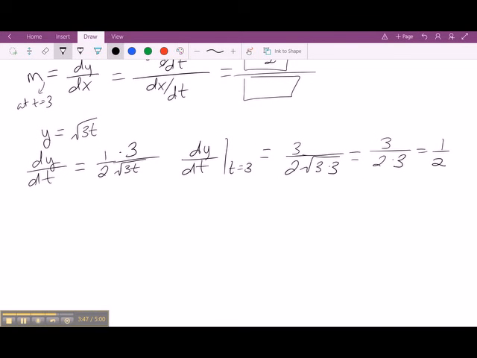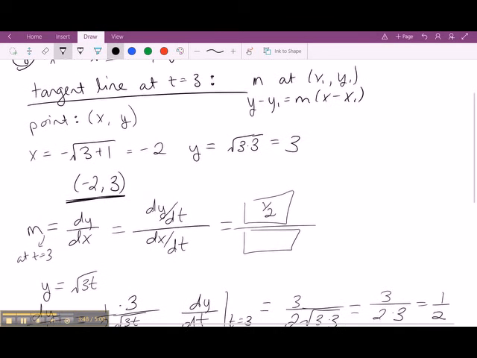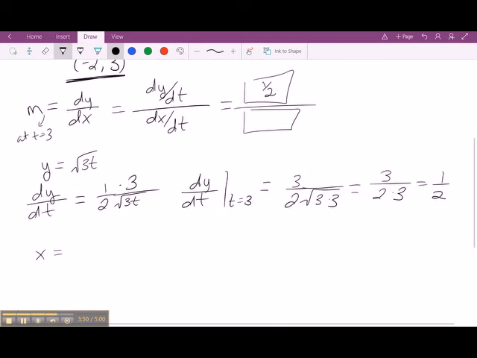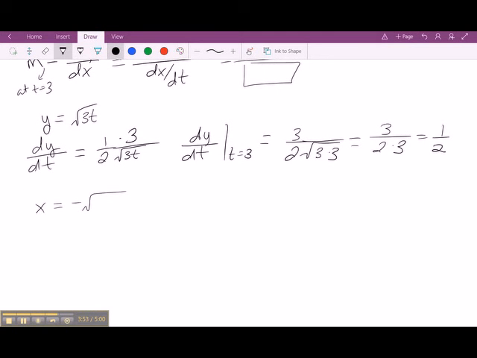Okay, now x, our function x that they gave us, was negative square root of t plus 1. So if we find the derivative with respect to t, we'll have negative, and then we have a half, and then times that square root again in the bottom, and then by chain rule multiply by the derivative of t plus 1, which is 1.